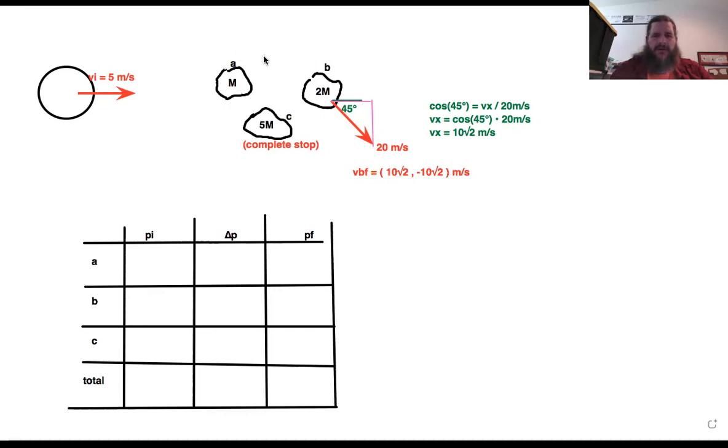The 45, cosine 45, Vx, 20 meters per second. That was based on this triangle. Let me draw this a little bigger. If we have the velocity itself, 20 meters per second, you think of that as the hypotenuse of the triangle.